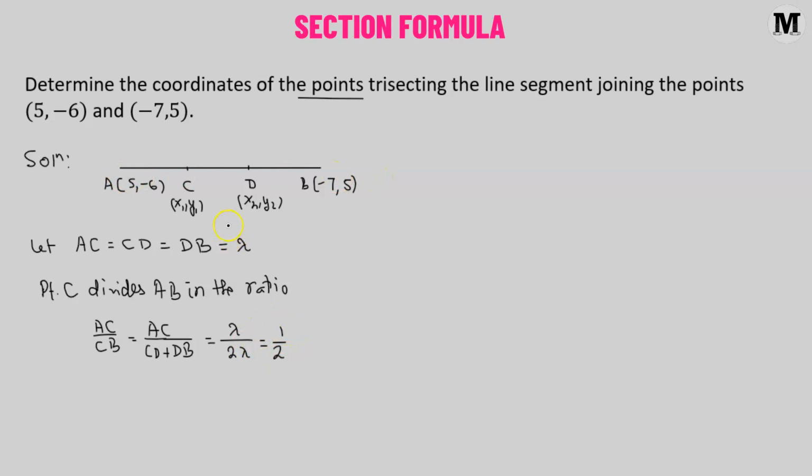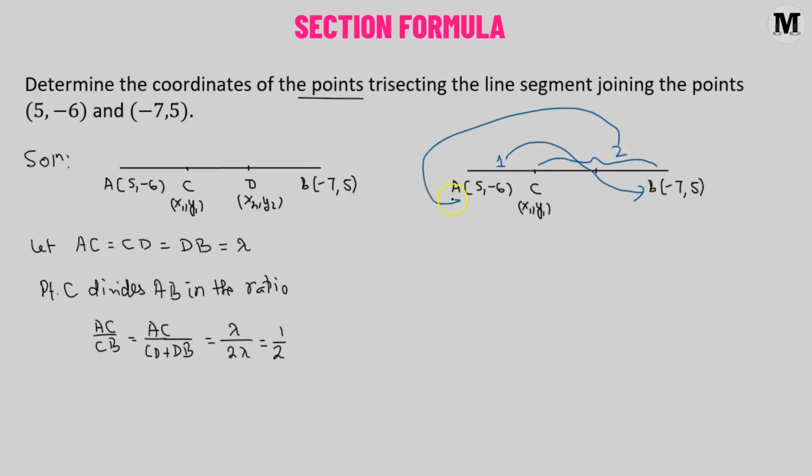Now we can easily apply the section formula to obtain the coordinates of C. C divides the line segment AB in the ratio 1:2. To apply the section formula, we take 1 and multiply it with B, and take 2 and multiply it with A. Let's compute the x coordinate first.